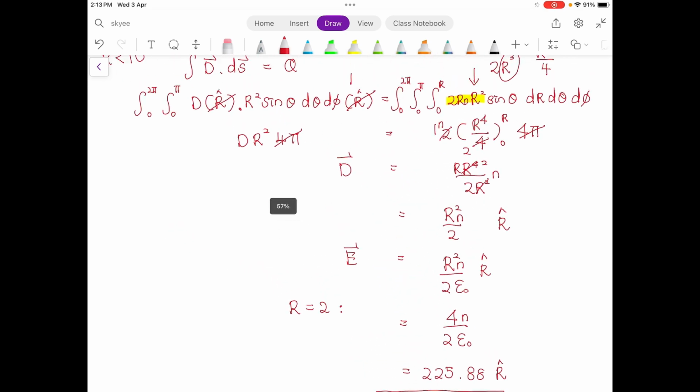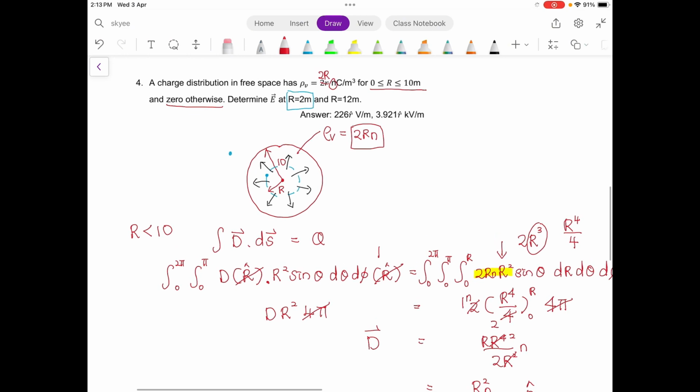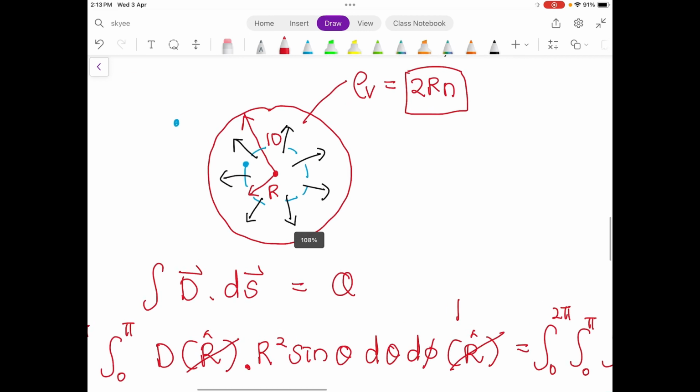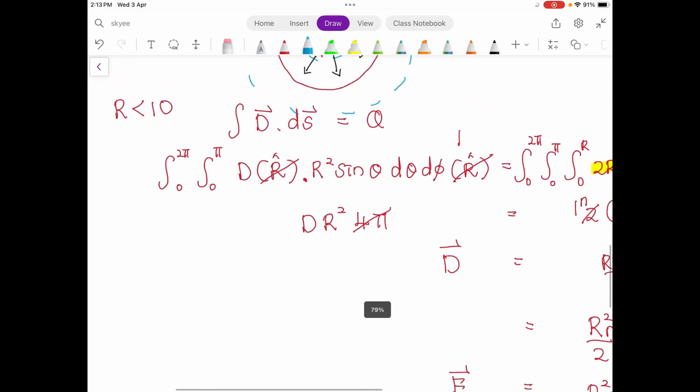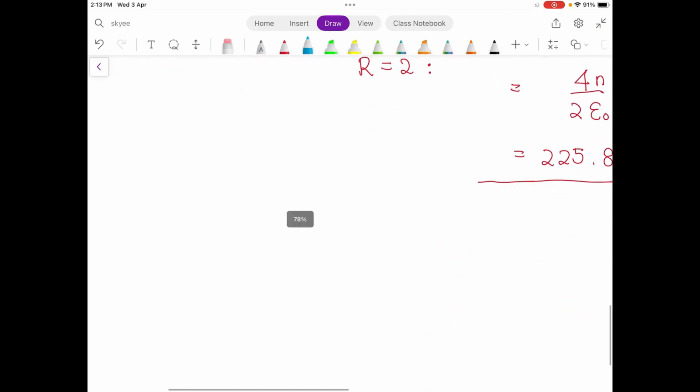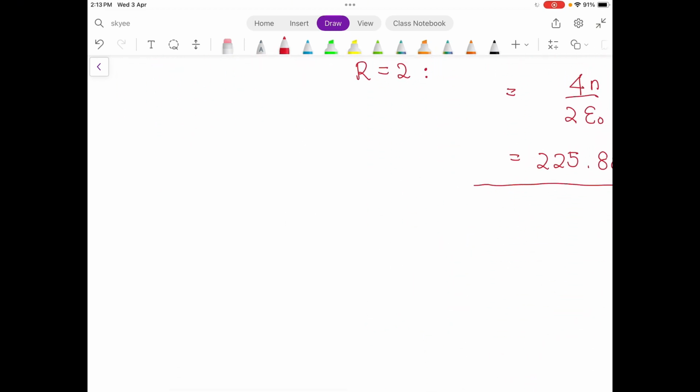Okay, we look at the next question, when R is equal to 12. R equal to 12 is actually outside the volume structure. So we are going to repeat the same thing and derive the equations ourselves for the case R greater than 10 meters.